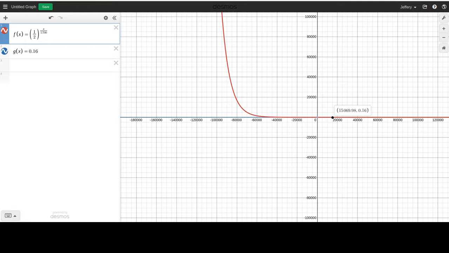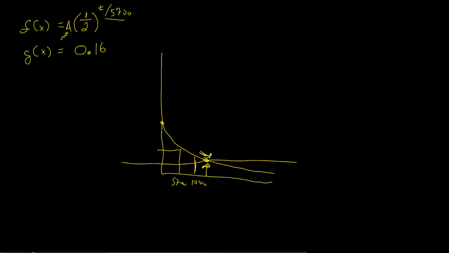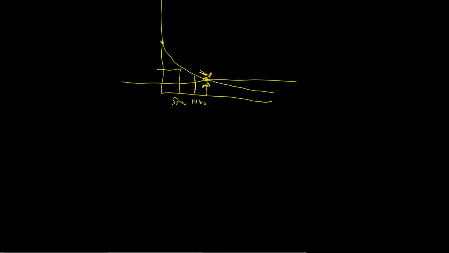Well, let's use our mathematics and what we've learned mathematically to help us get this. So I'm going to come back here and we're going to let our calculator do the work for us. And so what we're going to do is use the rules of exponents that we have developed. So we have the output's going to be 0.16. It's going to equal 1/2 to the t divided by 5700.